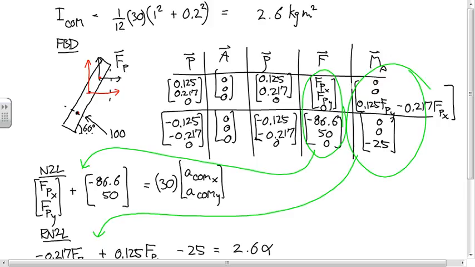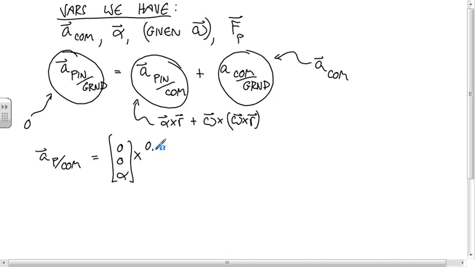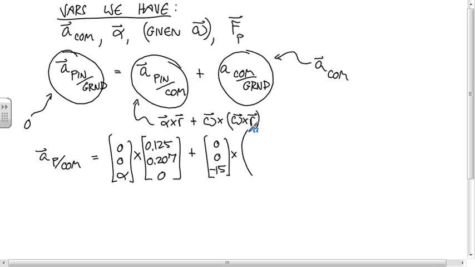Okay, so R is from the center of mass to the pin. So that's the same as this vector. So 0.125, 0.217, 0. Omega is given as 0, 0, negative 15.